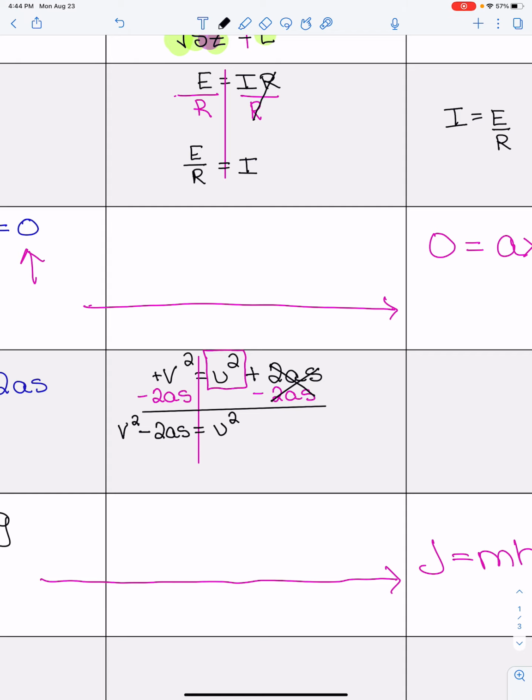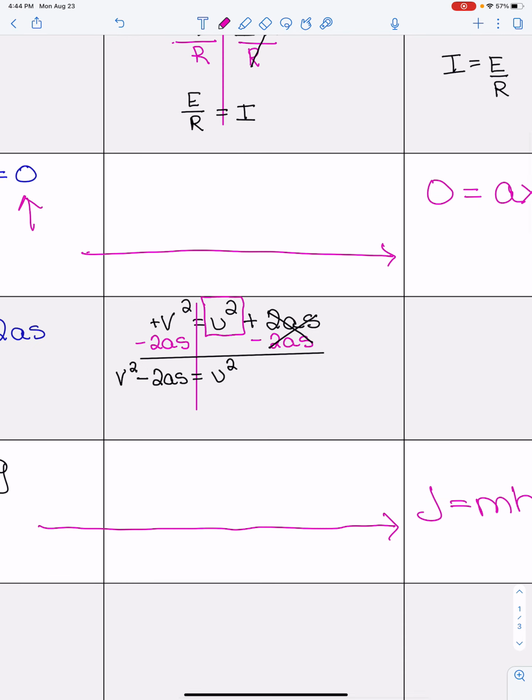All right, now looking at this new piece that we have here, we've got to get rid of that square. So the inverse operation of a square, again, is a square root. Oh my, we keep doing that. But whatever we do to one side, we have to do to the other. Okay. A square and a square root will cancel out. So then I've got the square root of V squared minus 2AS, is equal to U.